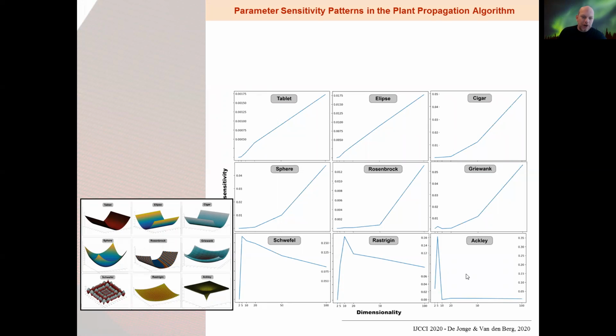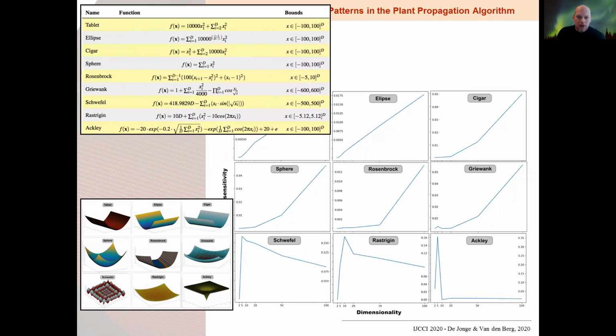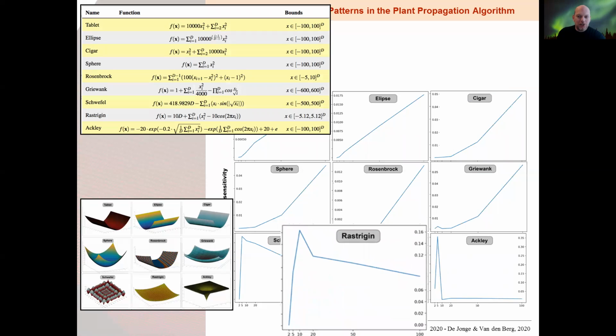And then we have this third very interesting pattern in which the sensitivity to parameters first increases a lot, but then drops down very rapidly, right? And this might have something to do with the formulation of the benchmark functions themselves. Might, we're not sure. Because if we look at these up-down phase transitions for Rastrigin, Schwefel, and Ackley, we see that they have these trigonometry functions in there, right?